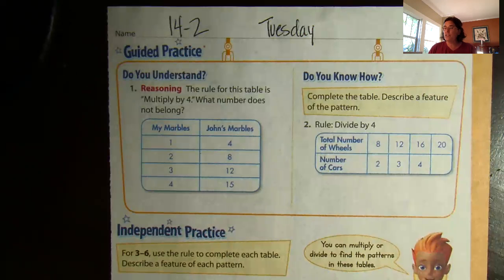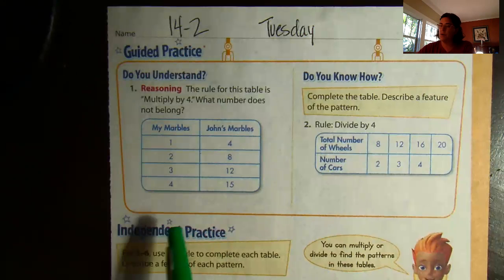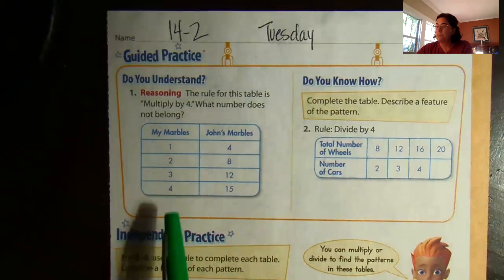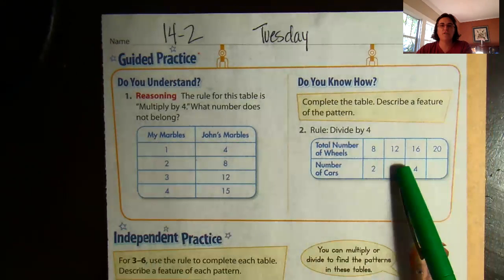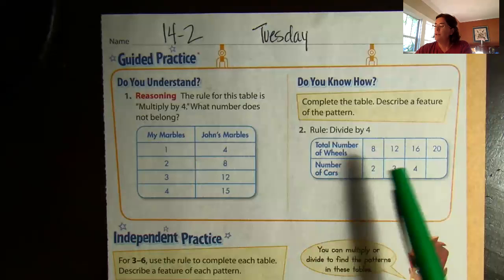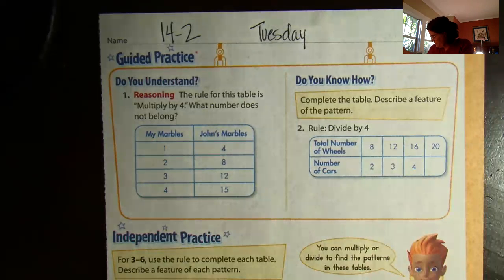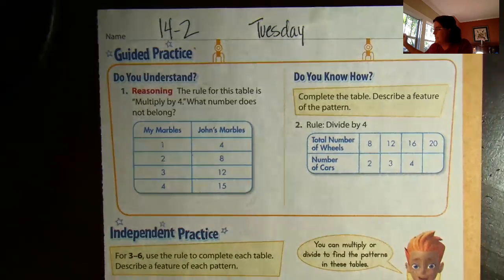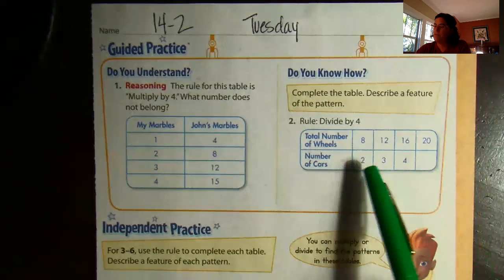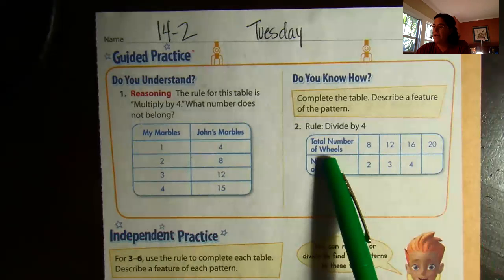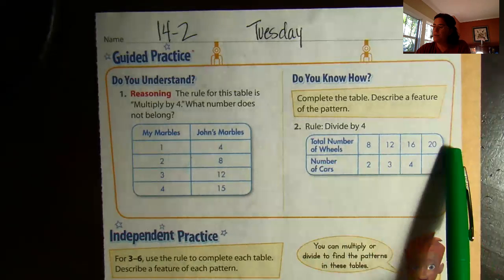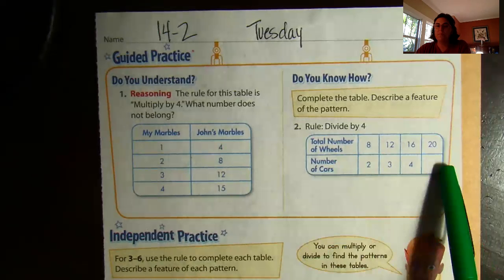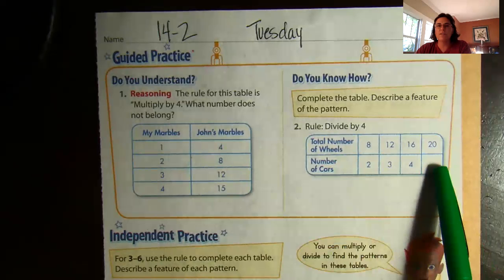So let's take a look at this first example. We're actually going to do number 2 first, and then we're going to go back to number 1. So number 2 says, divide by 4. So let's take a look at this chart or table, sorry, and I see numbers across the top and numbers across the bottom. Now the missing number is way down here at the end, so I'm going to see what I need to do.